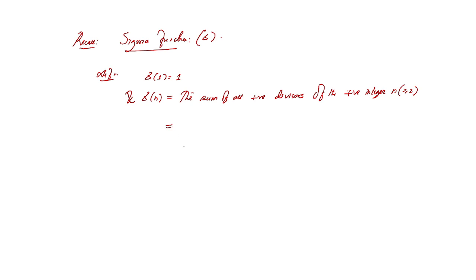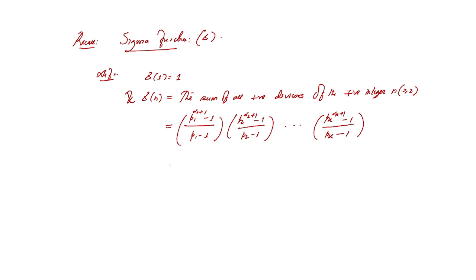and that will be (p1 to the power alpha 1 plus 1 minus 1) by (p1 minus 1), (p2 to the power alpha 2 plus 1 minus 1) by (p2 minus 1), (pk to the power alpha k plus 1 minus 1) by (pk minus 1).